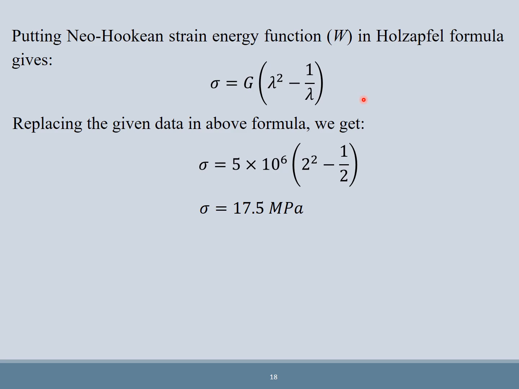Since lateral stretch is not required, there is no need to derive that relationship. Just use the axial stretch directly. But if lateral stretch is given, you must derive the relationship for lateral stretch that I have derived in the lecture, in the previous slides. And then by using lateral stretch, you calculate the axial stretch and then solve the problem.